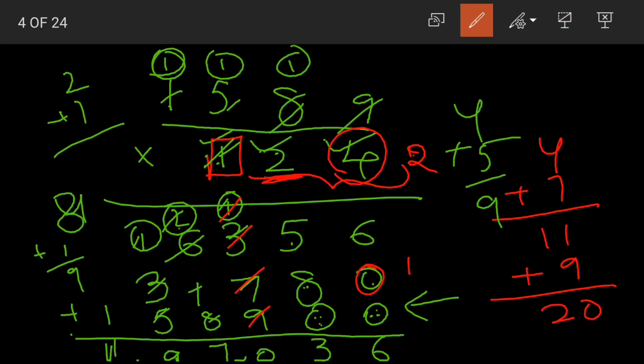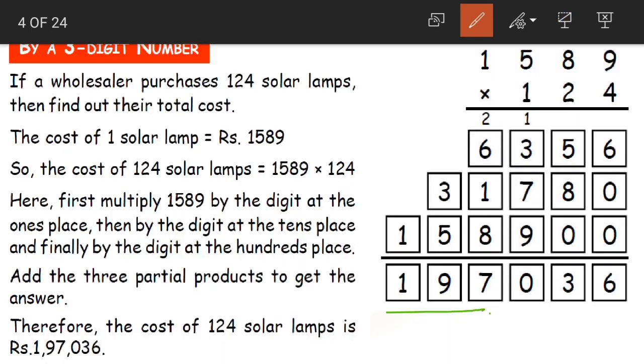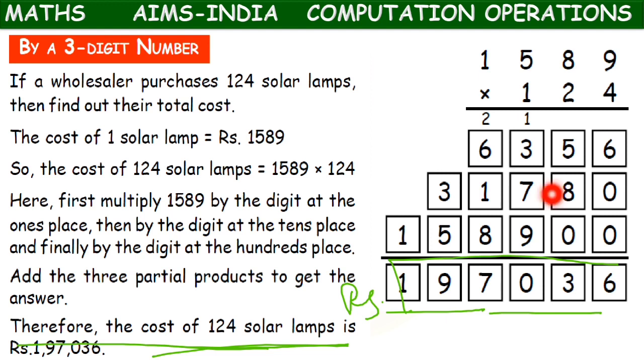Yes. Now what is this? This is rupees 1,97,036. That is the cost of 124 solar lamps. Clear, children? This was multiplying a 4-digit number with a 3-digit number.